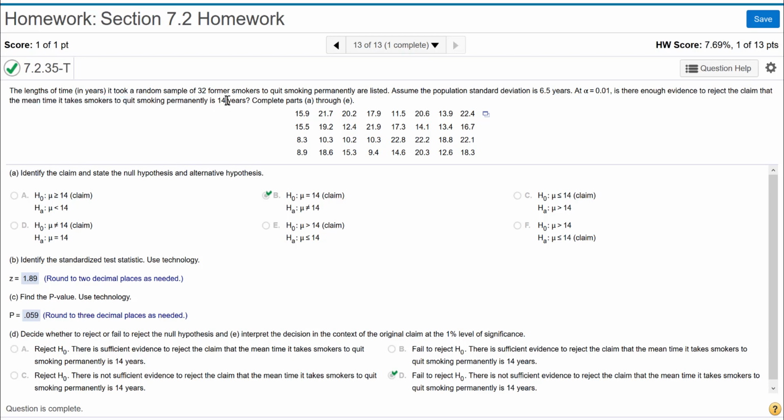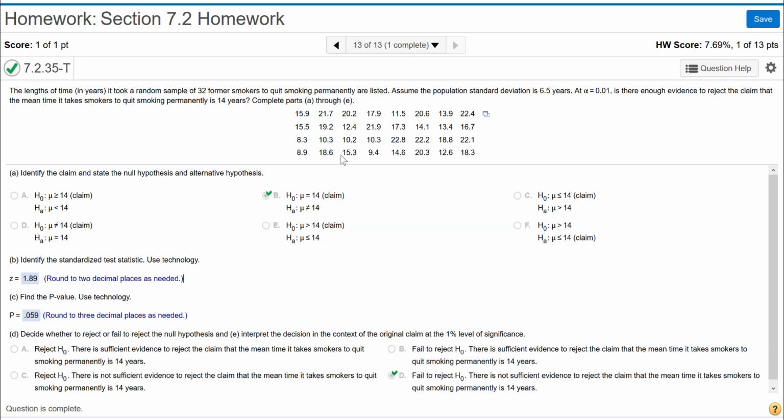So this is a stay-as-you-are scenario: the null hypothesis is that mu is equal to 14, and that's actually the claim. The claim is that it is 14 years. So then the alternative hypothesis would be not equal to 14. And there it is. So that's the first order of business. The answer is B, at least on mine. You may have different numbers here.